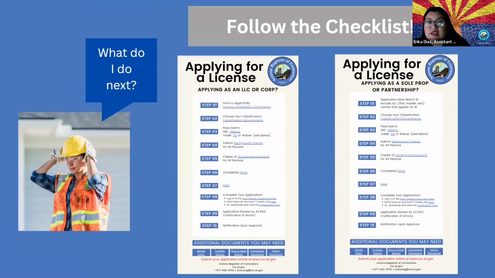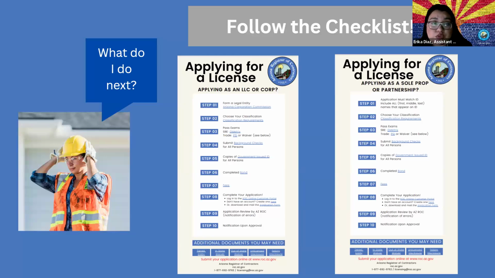All right, so we've gone over the overview of what we're looking at for the application and what is required. This tool is going to be your best friend when it comes to applying for a license. It helps you get to the point where your application is almost complete to submit for us to review.